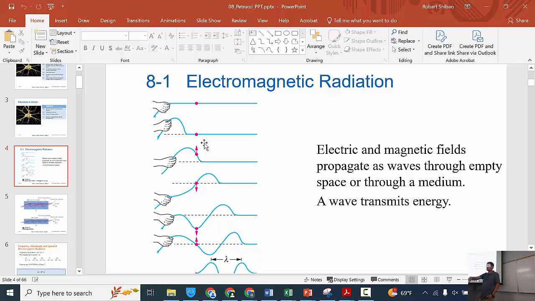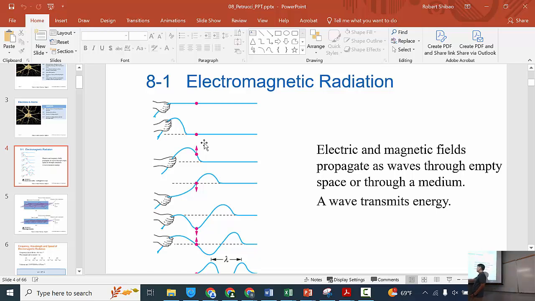Well, waves are oscillations like this. And so what happens in an electric field is it oscillates. So for example, the positive end's here, and then as it oscillates, it flips. Now the positive end's on the bottom. And then it flips again, so the positive end's on the top. And so we have these oscillating fields. If you're watching this field, it's going to be oscillating plus, minus, plus, minus, plus, minus, as it's propagating.